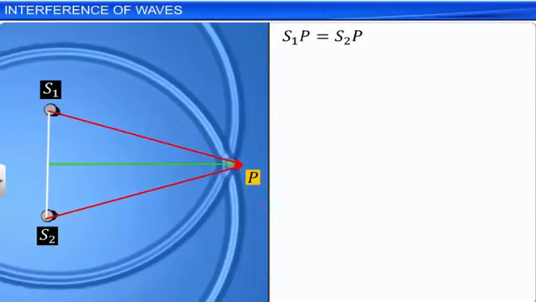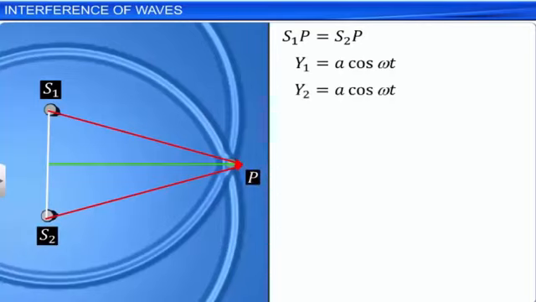If the displacement produced at P due to the waves generated at the source S1 is given by the equation y1 equals a cos omega t, then the displacement at P due to the waves from S2 can also be represented by y2 equals a cos omega t. We know that the intensity of a wave is proportional to the square of its amplitude. Therefore, if I0 is the intensity produced by each of the sources, then I0 is proportional to a squared.